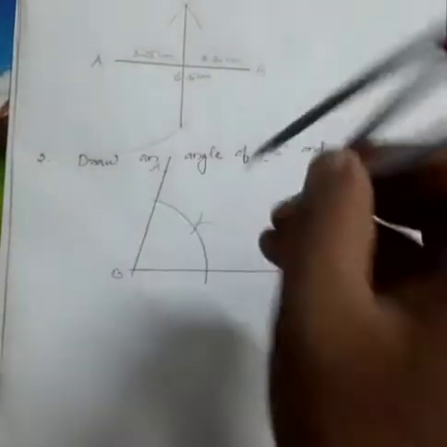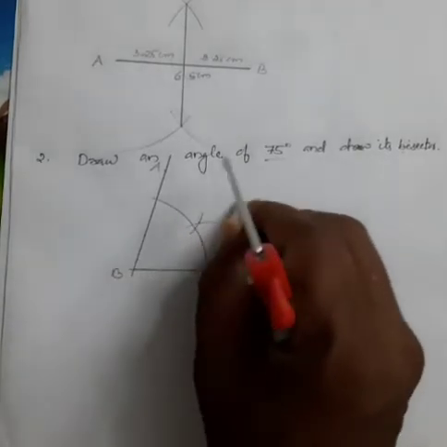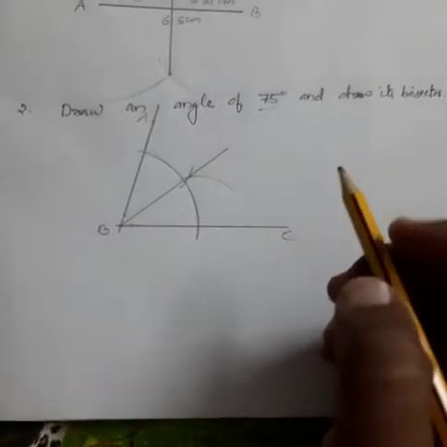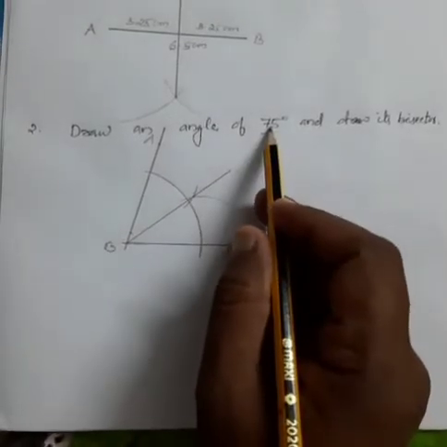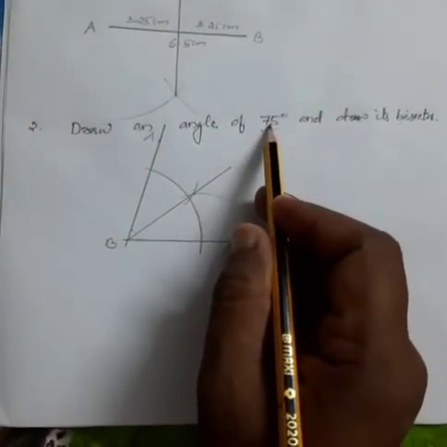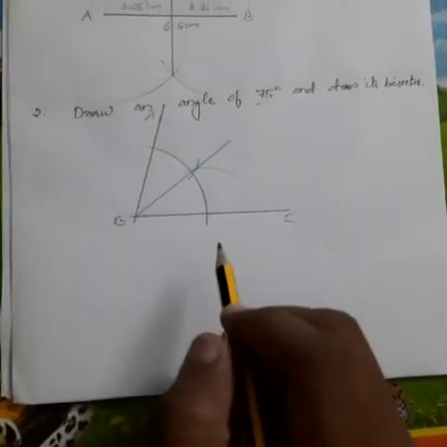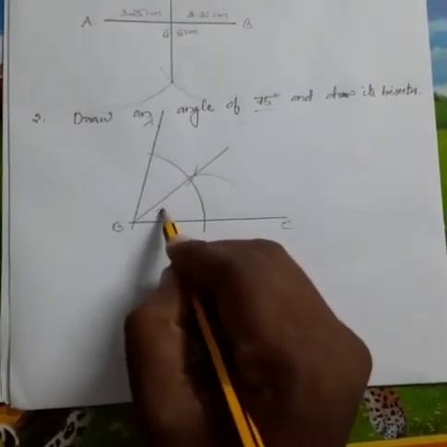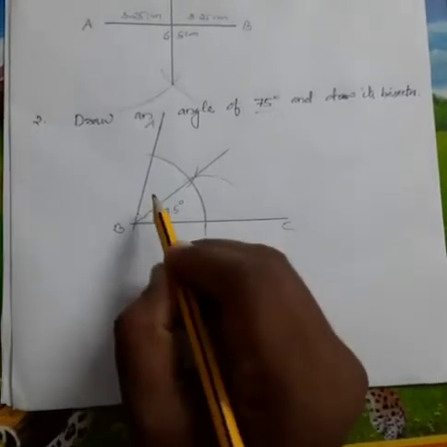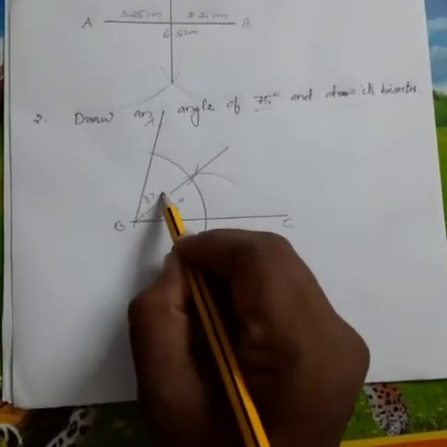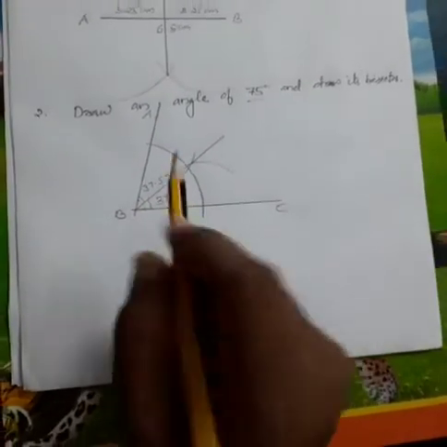So this is the point. Then you have to draw the line here. So you got the angle bisector of 75. What is the half of 75? That is 37.5 degree. So each you got 37.5.